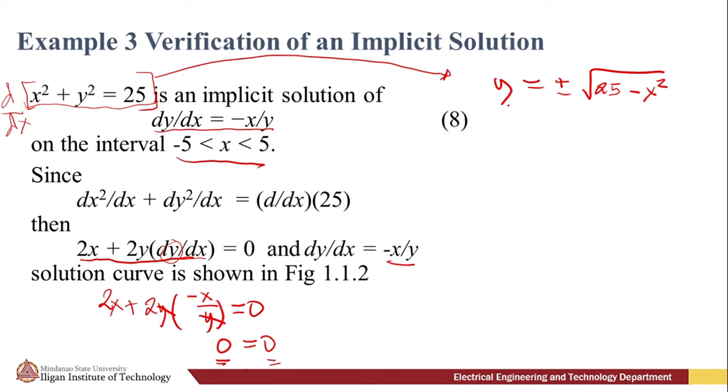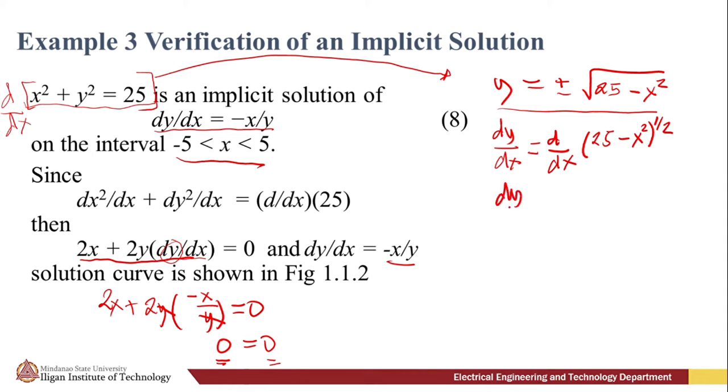So to verify this solution, we just have to get the derivative dy over dx, and we can just choose either positive or negative here. So if we choose positive, we have the derivative of 25 minus x squared raised to 1/2 with respect to x.